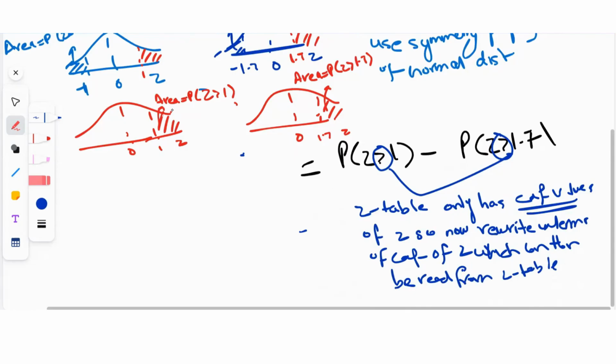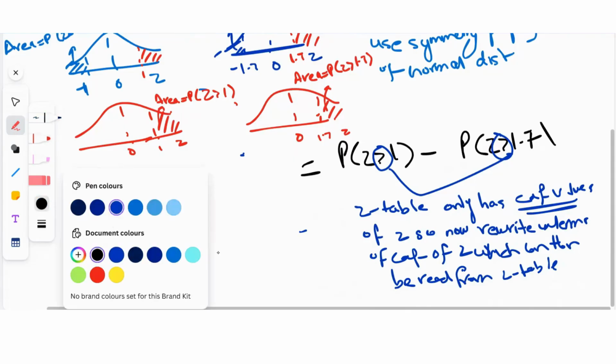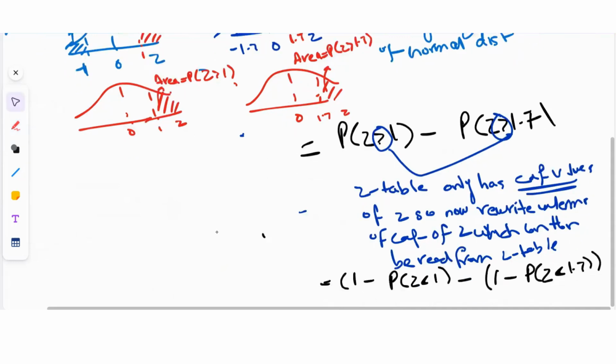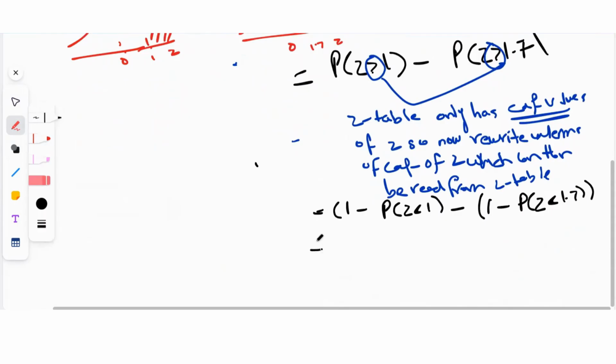Right, so now we can write this probability z greater than 1, using the complement rule, as 1 minus probability z less than 1, minus probability z greater than 1.7, which using the complement rule can be written as 1 minus probability z less than 1.7. Now if we simplify this a bit, if you open the brackets, it becomes 1 minus probability z less than 1, minus 1 plus probability z less than 1.7.